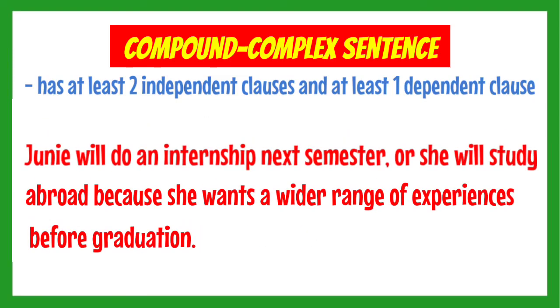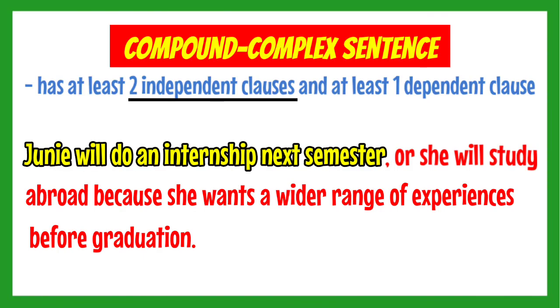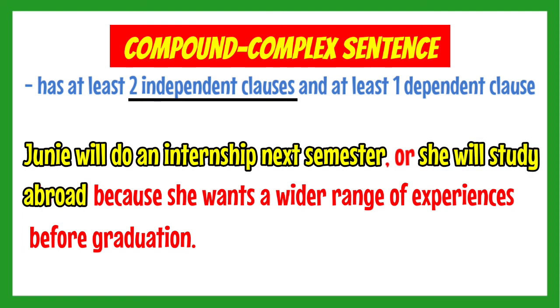Junie will do an internship next semester, or she will study abroad because she wants a wider range of experiences before graduation. In this sentence, which do you think are the independent clauses? The first one is Junie will do an internship next semester. And the second one is she will study abroad.